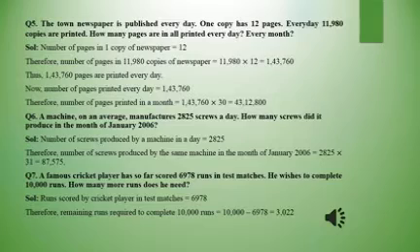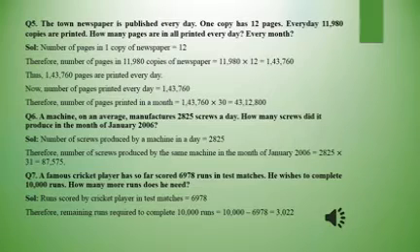So if per day the machine manufactures 2825, then in the month of January, which has 31 days, it will produce 2825 multiplied by 31 screws, which is equal to 87,575 screws.